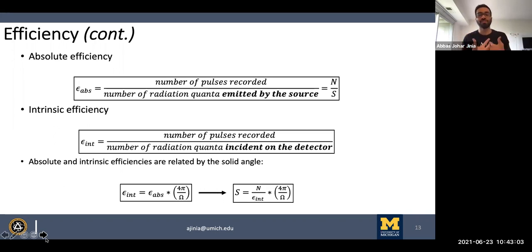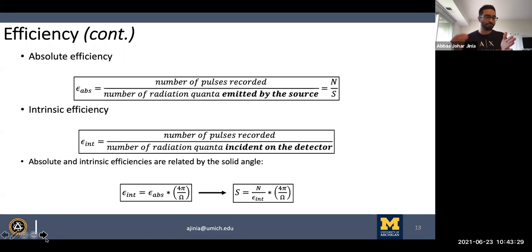Most of the time our commonly used radiation sources like sodium-22, cesium, or a californium spontaneous fission source, radiation is emitted in all directions. So if we want to get a better understanding of how much we are detecting, we have this term of the radiation quanta incident on the detector.